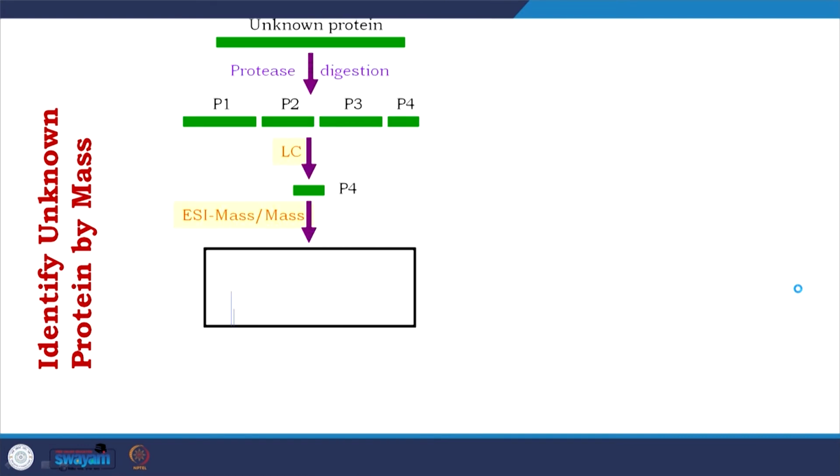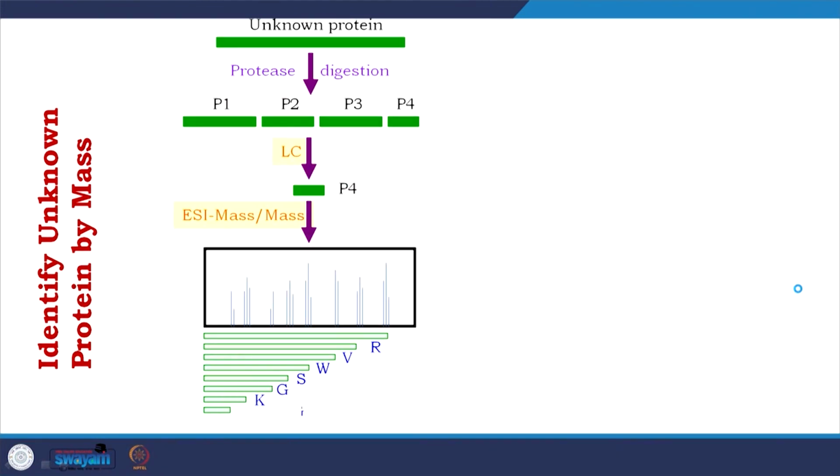Again, if you want to understand the proteomic modification, you do the same thing: unknown protein, protease digestion, get the fragments, liquid chromatography to isolate or purify the fragments, do the ESI mass and then get the sequencing.